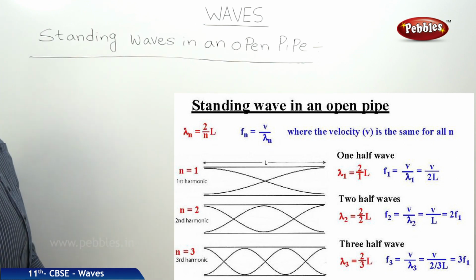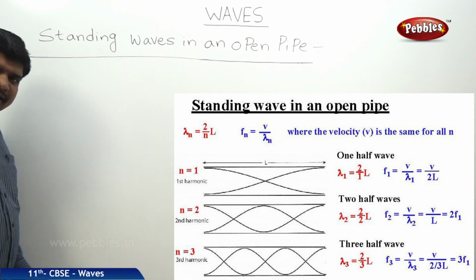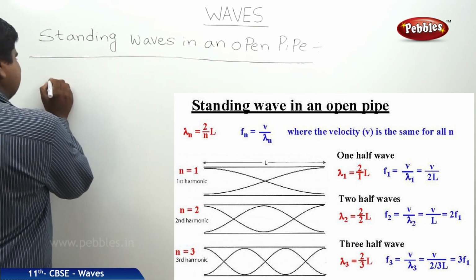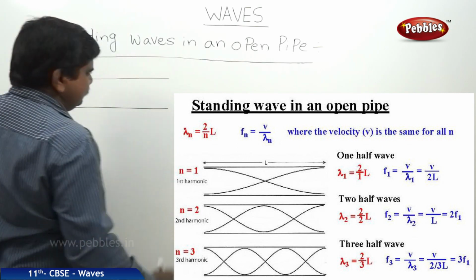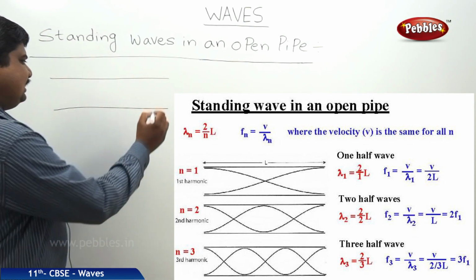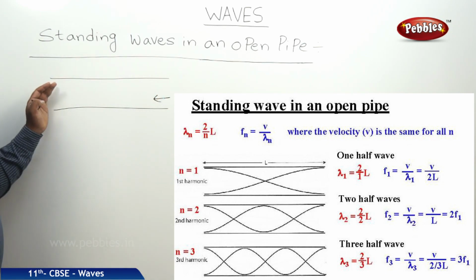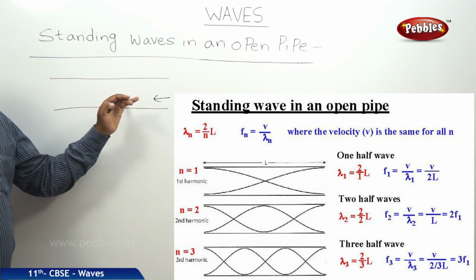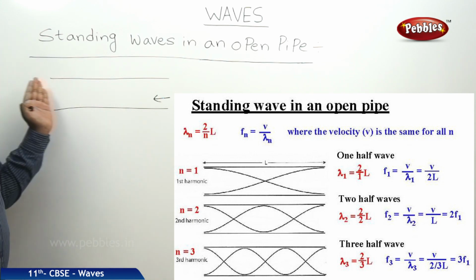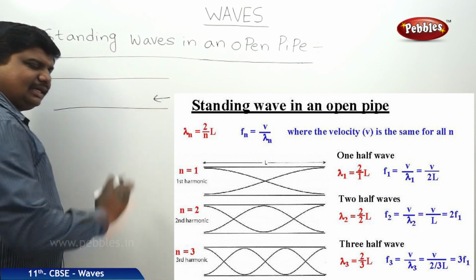So the next case is standing waves in an open pipe. Open pipe means the pipe is open at both the ends. If air is blown in one direction in the form of a wave, it will move to the second end. But at the second end, if we assume a reverse directed air, meaning air aligned in the reverse direction, then these sound waves will be reflected back.